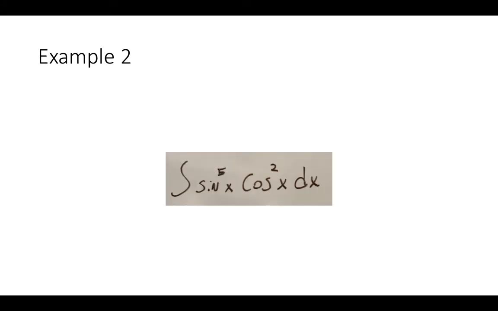All right, so now the example is: what is the indefinite integral of sine to the fifth x times cosine squared x dx? So what are we going to do?